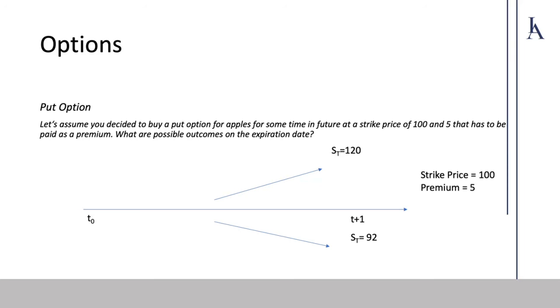So you exercise your option, but you also have to remember that you have paid 5 as a premium. You will sell your apples at the price of 100, exercise the strike price, but your net position has to include the -5 that you paid as the premium in the beginning. So overall, your gain will be 95.